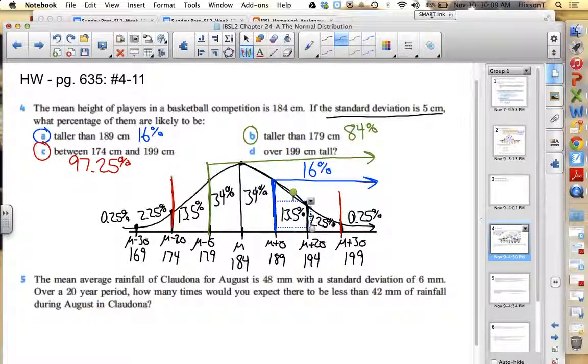Or we can add up the middle, and this might have been easier. If we go from -2 standard deviations to +2 standard deviations, what percent is that? 95. And then we just added on this extra 2 1/4, so 97 1/4.